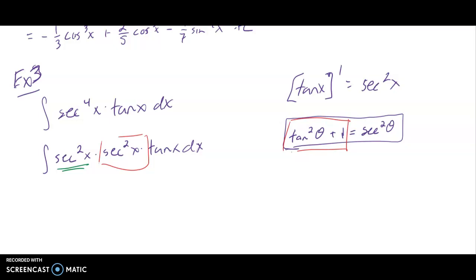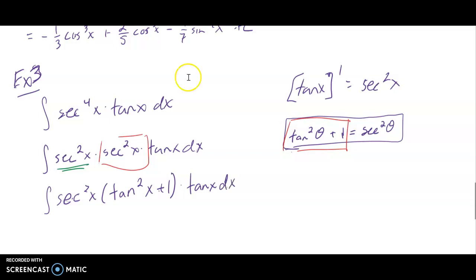So let's do that. This is the integral of secant squared x, that's the one that's double underlined in green, times tan squared x plus 1, close, times the other tan x with a dx.